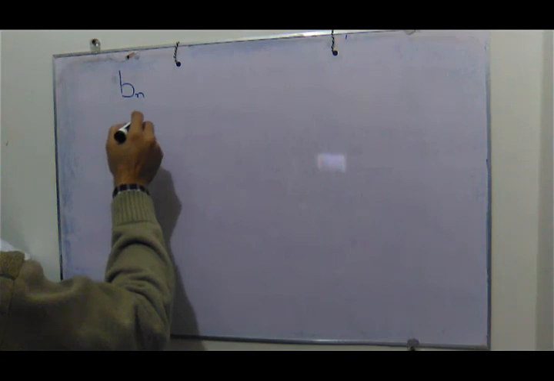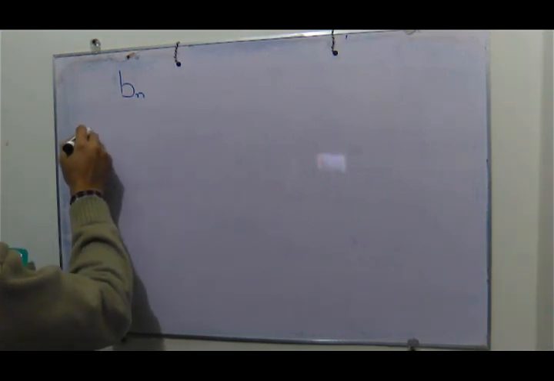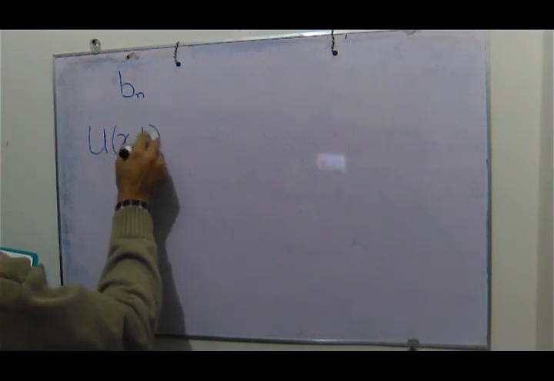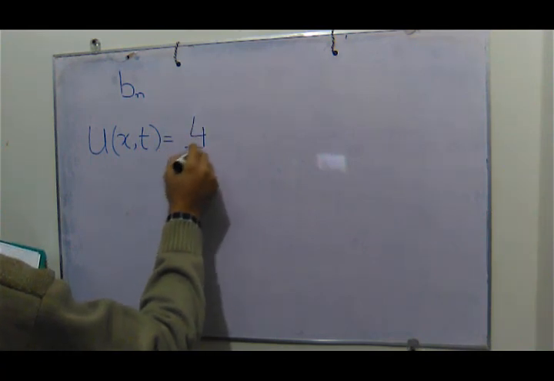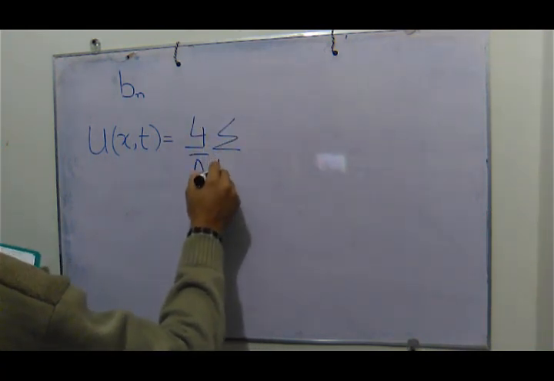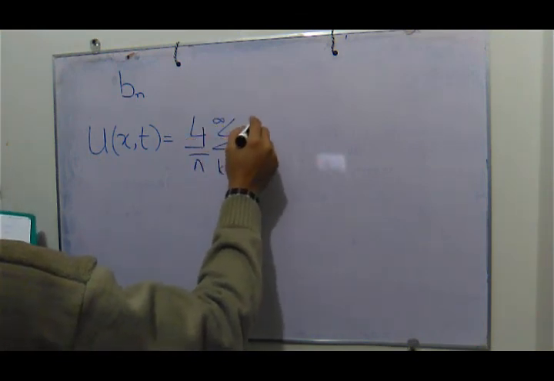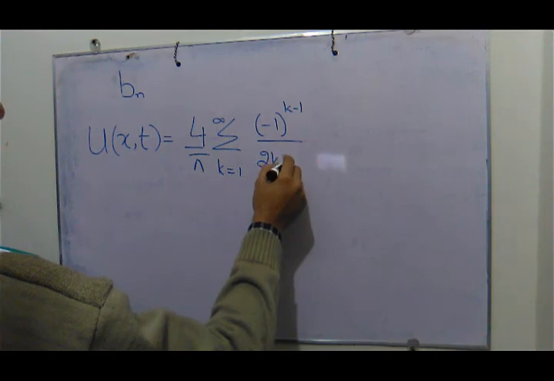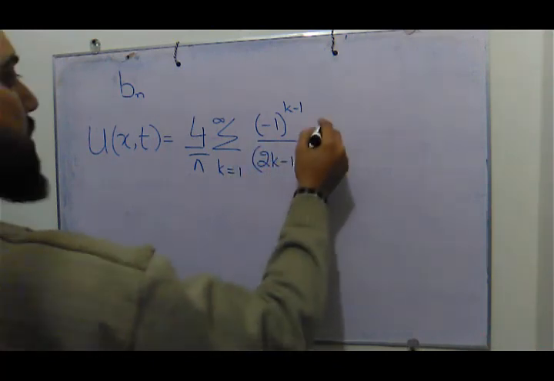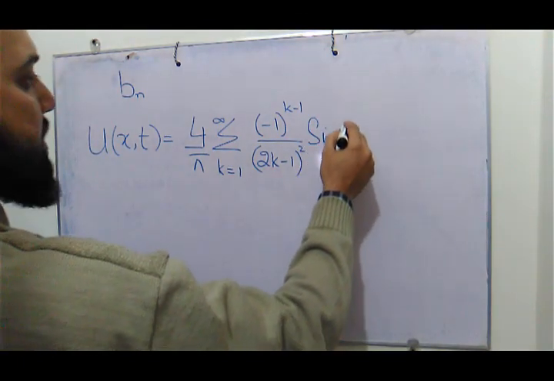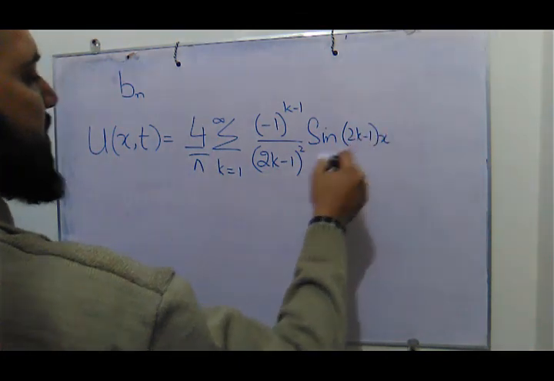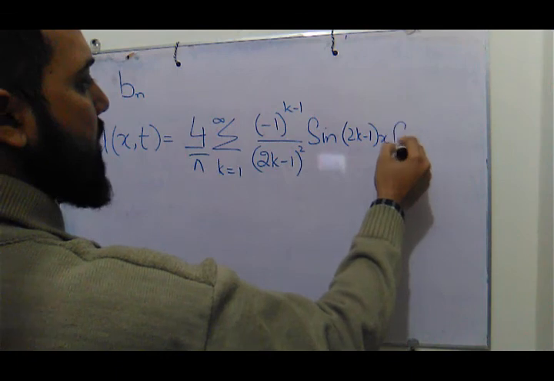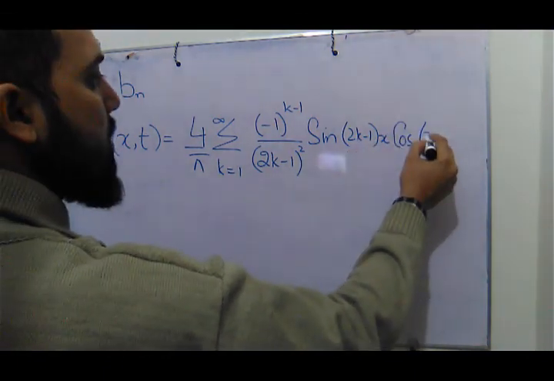Now by using this Bn, when we find the integral, the particular solution we obtain would be u(x, t) equal to 4 upon pi, summation k equal to 1 to infinity of (minus 1)^(k minus 1) over (2k minus 1) whole squared, times the sine term which appeared in the general solution, in which n is replaced with 2k minus 1, and the cos term.